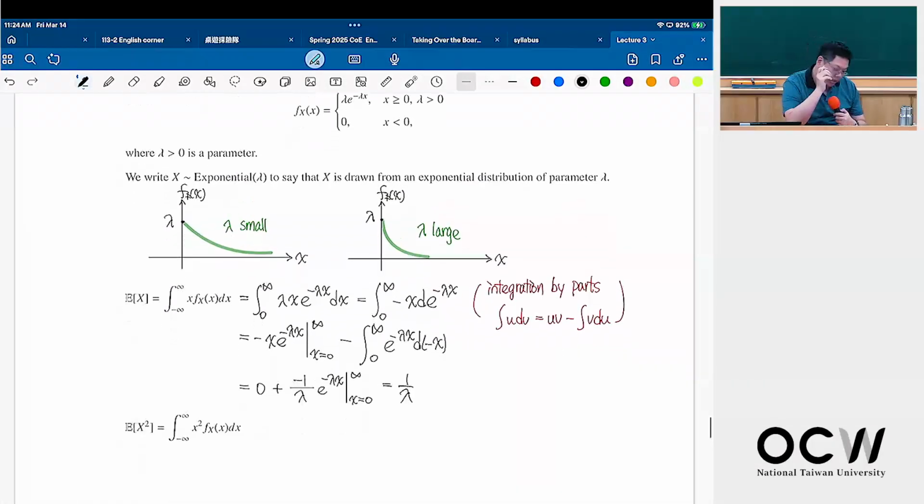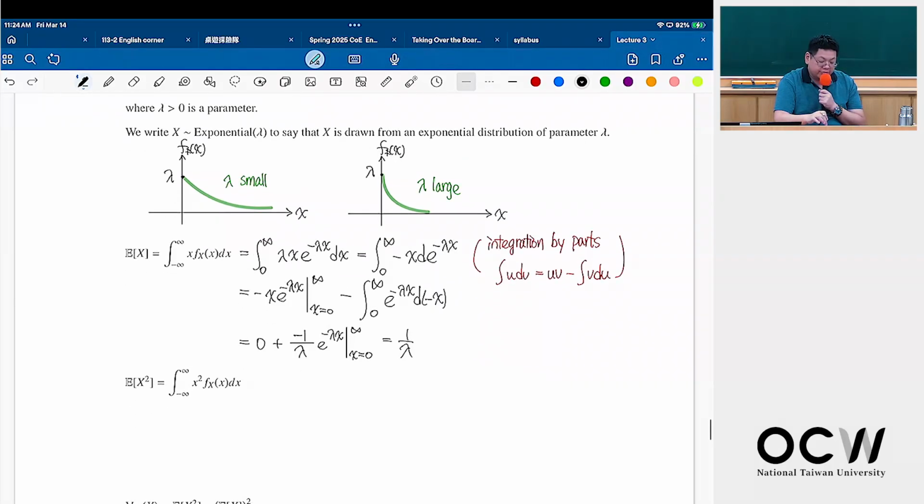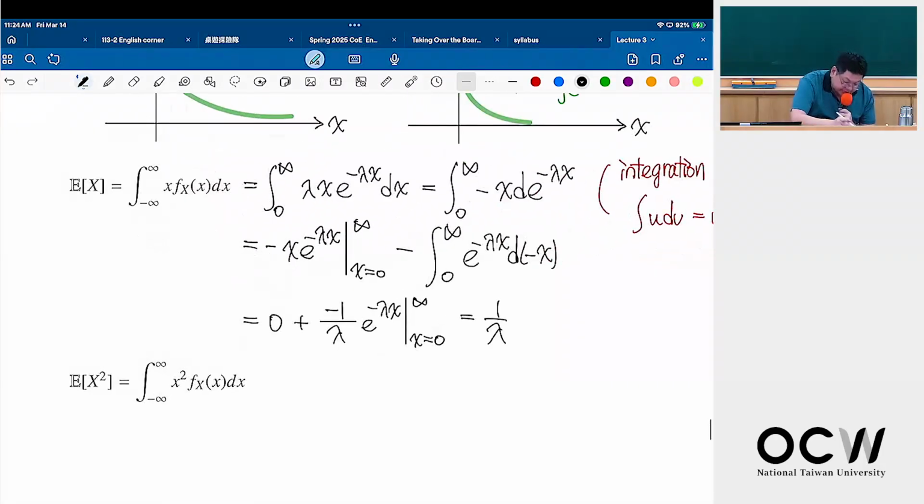Then the variance. To find the variance, we know variance is the second moment minus the first moment squared. So we want to find the second moment first, the expectation of X squared.